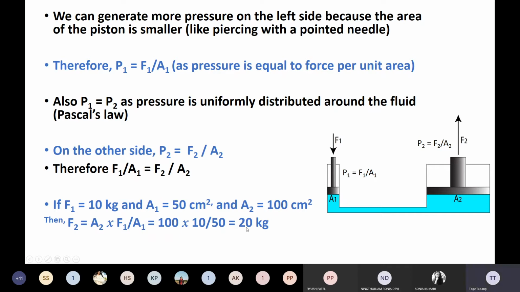So finally we have 20 kg. That means by applying 10 kg force here, F1, we can get 20 kg force on the other side. By applying 10 kg on the smaller side, we are achieving 20 kg force on the larger side.